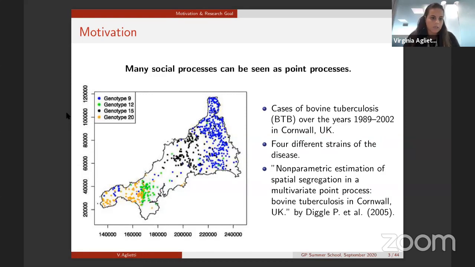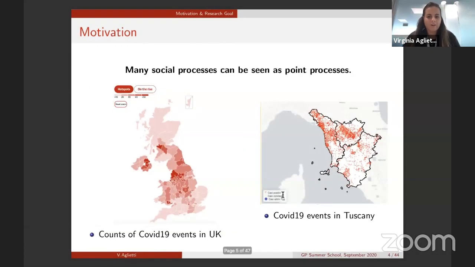The points that you see in the map are events of 4 different types of bovine tuberculosis events between 1989 and 2002, and different colors correspond to different strains of the disease. And this plot is taken from this very famous paper by Peter Diggle, non-parametric estimation of spatial segregation in a multivariate point process.